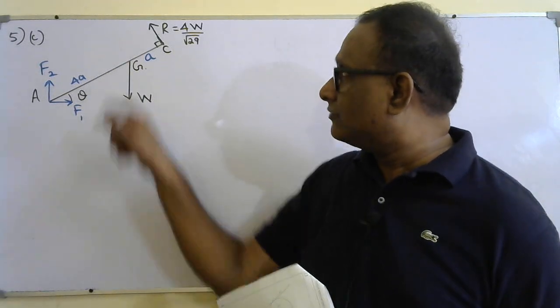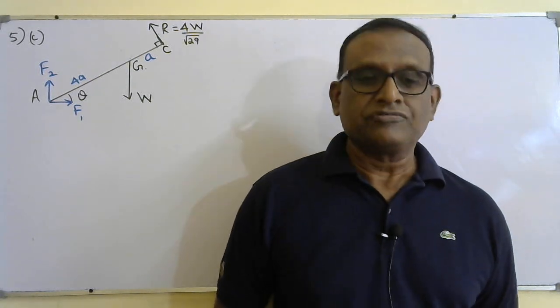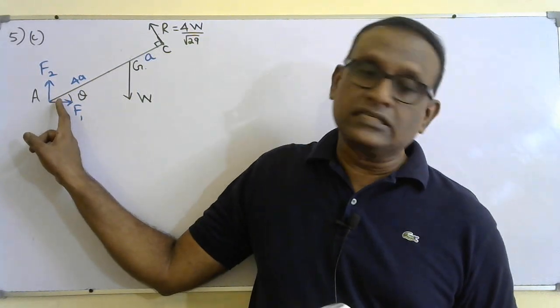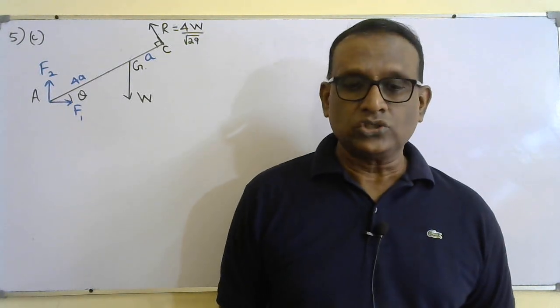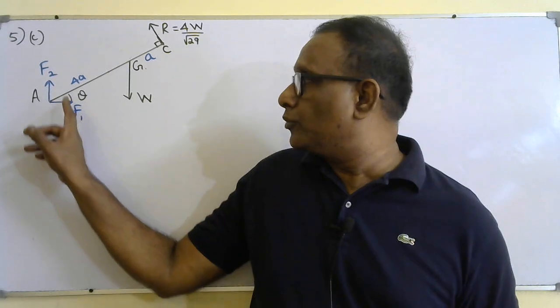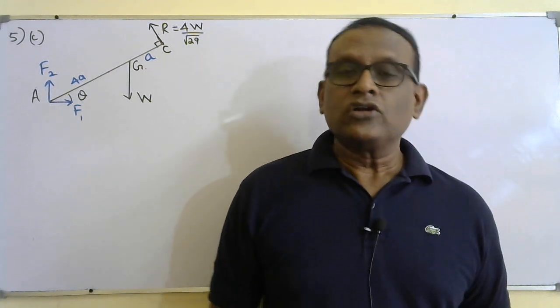Okay, so the weight is acting vertically downwards. These are the only three forces acting: W, capital R, and the resultant force. That resultant force, any force could be resolved into horizontal and vertical components. So I took the horizontal component of the resultant force at A as F1 and the vertical as F2. I'm going to find F1 and F2.